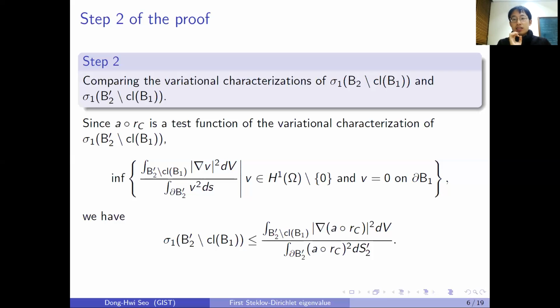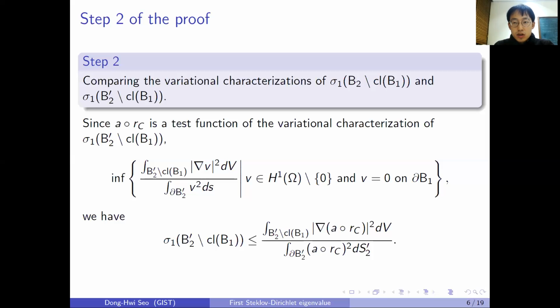Also we can substitute our first eigenfunction into the Rayleigh quotient of the first eigenvalue of the concentric annulus. Then that Rayleigh quotient has value sigma 1, the first eigenvalue of the concentric annulus.